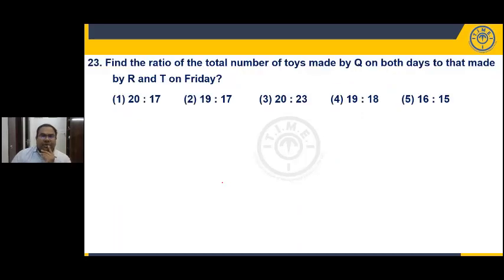Ratio of total number of toys made by Q on both days to that made by R and T on Friday. Q Thursday and Friday is to R plus T on Friday.